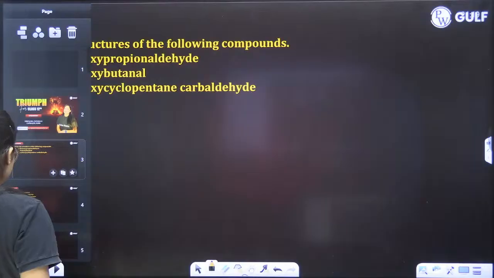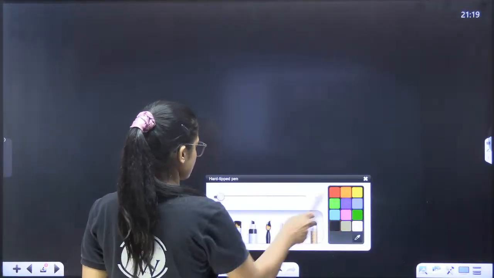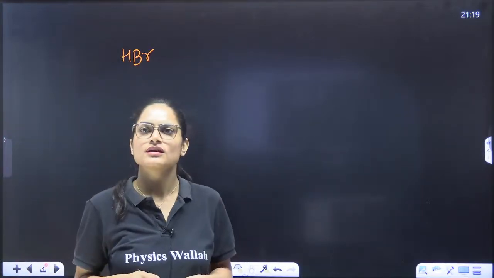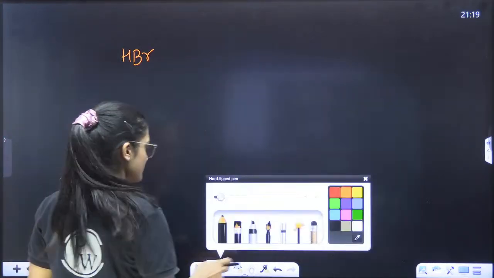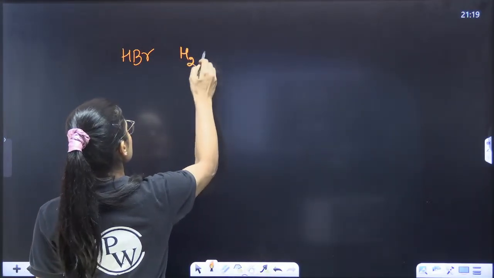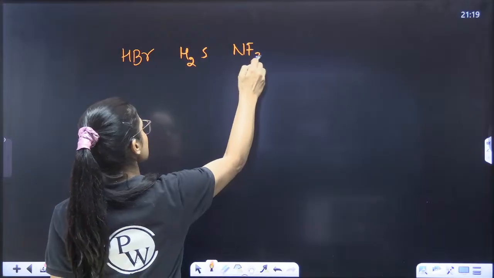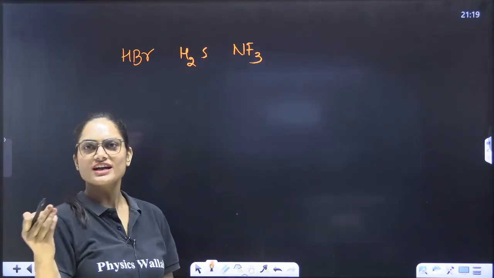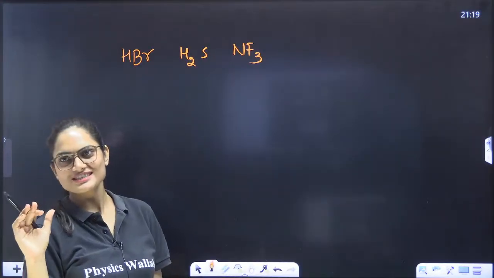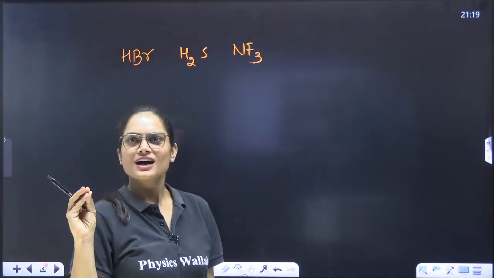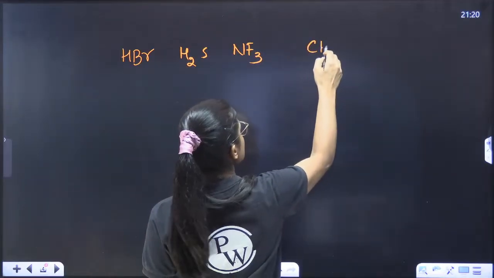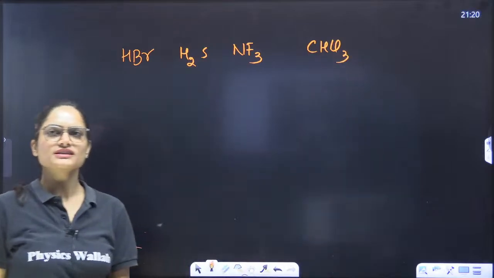We have HBr, H2S, NF3, and CHCl3. So we have to arrange them in the increasing order of the dipole moment.